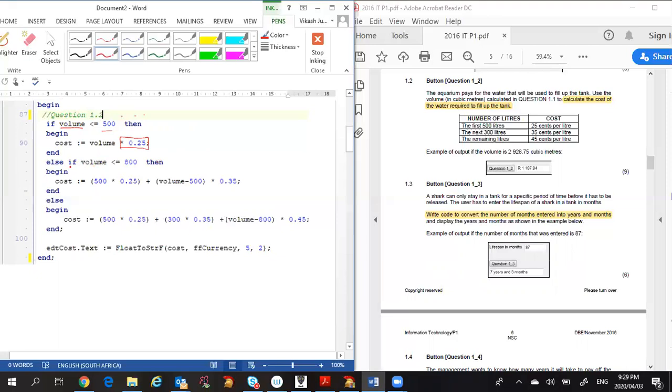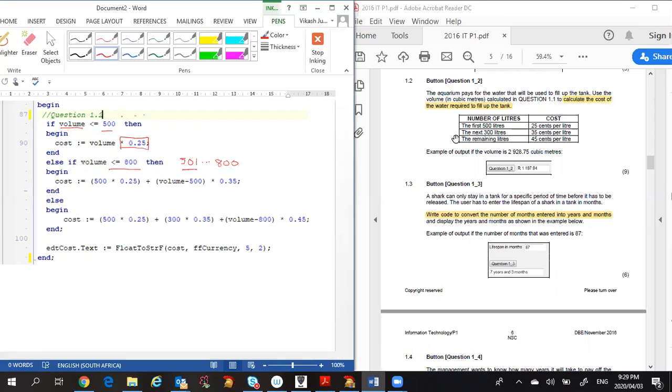The next 300, in other words, we are now looking at 501. The next 300 from 500 will take us up to 800. So we need to check if the volume is less than 800. If it was below 500, the first if statement would have been true and the cost would have been calculated. Anything above 500 but below 800 would then come into the second if else.